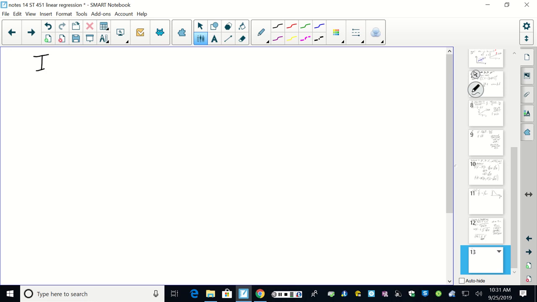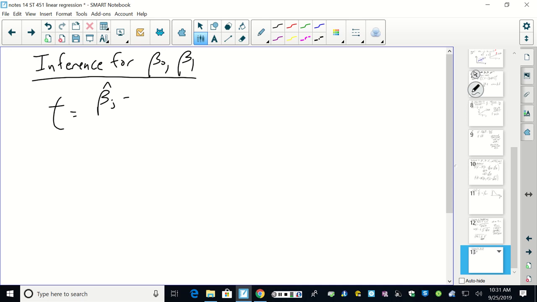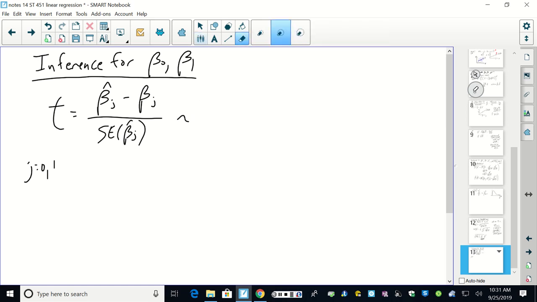So inference, finally. Inference for beta 0 and beta 1 as our primary inferences. If you take the estimated coefficient minus its actual value, so here j is either 0 or 1, and divide by its standard error, this thing is distributed as a t distribution with n minus 2 degrees of freedom in either case.